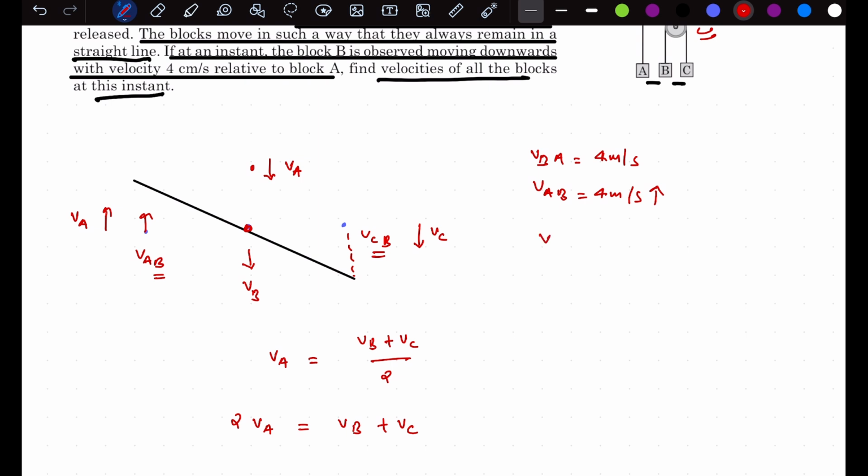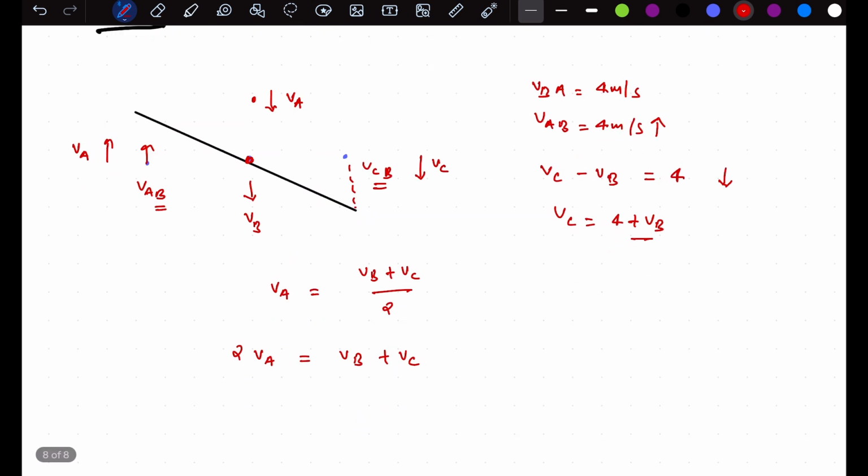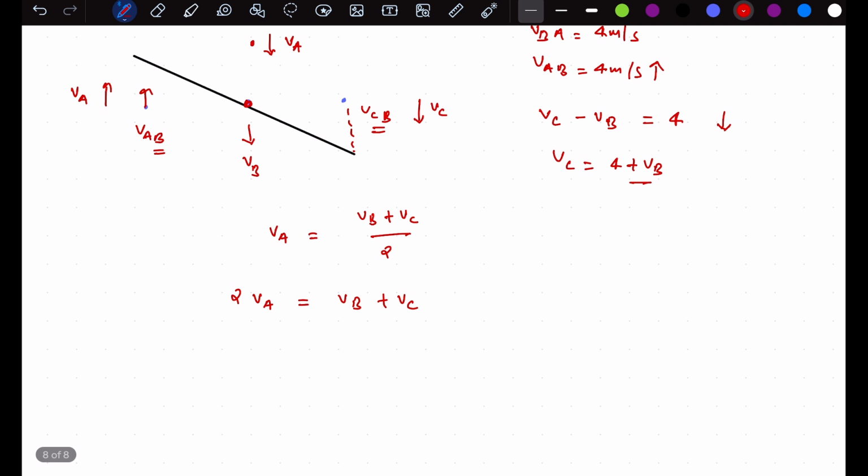So I can say VCB is VC minus VB, that is 4 meter per second in the downward direction. So VC basically becomes 4 plus VB. So this equation can be written as 2VA is equal to VB plus 4 plus VB.